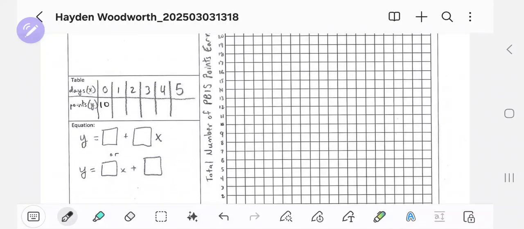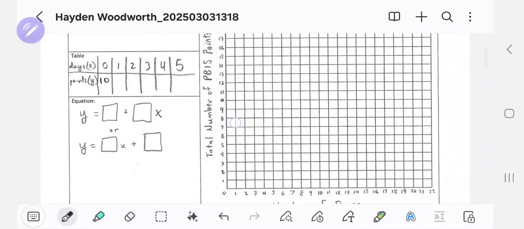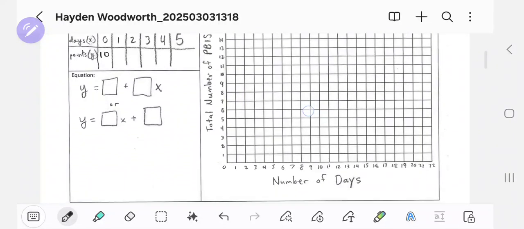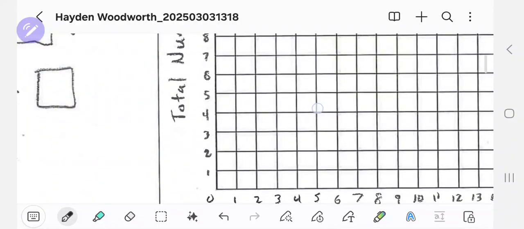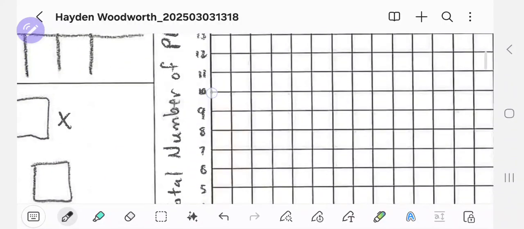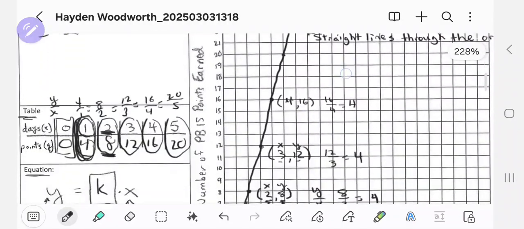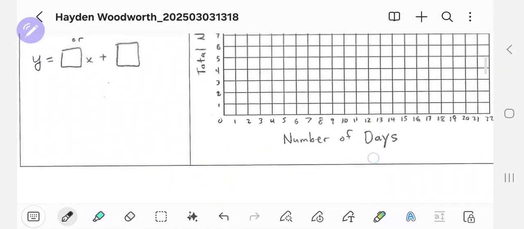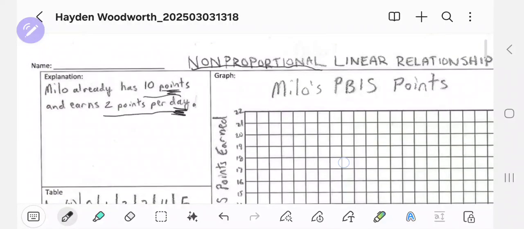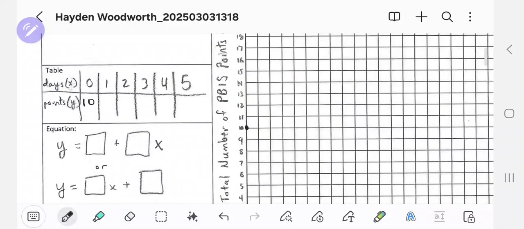If we go to the graph, at 0 days, he's already at 10. Where in the other one, at 0 days, he's at 0. So that's a big difference between proportional and non-proportional linear: not through the origin.